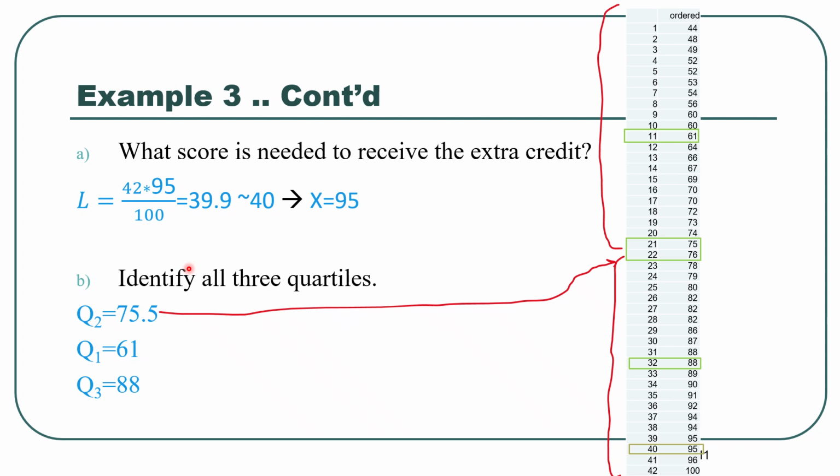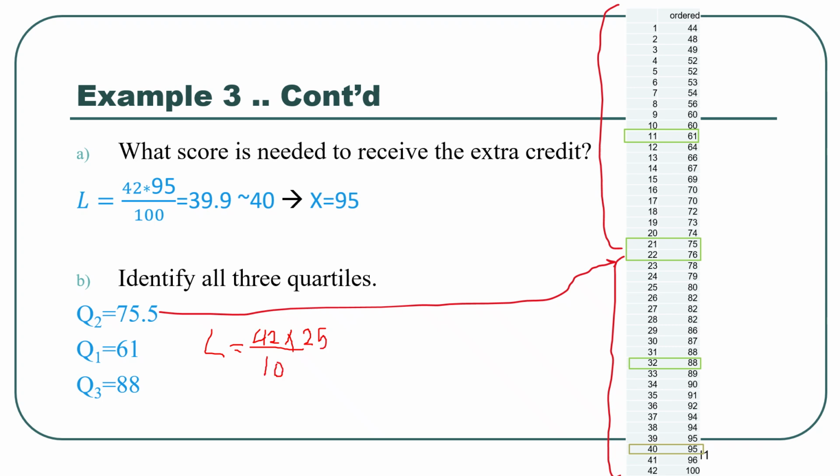But just to give you an idea, how about going ahead and calculate Q1 using that rule? Q1 is the 25th percentile. So if I'm applying that rule, it would be L equal to 42 times 25 over 100.